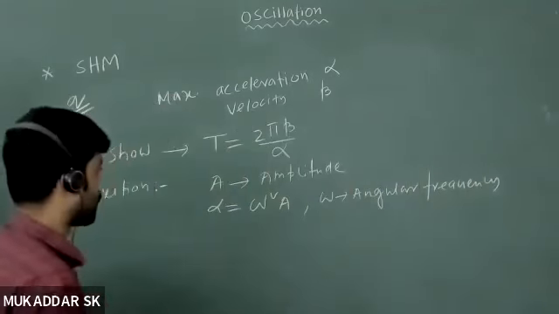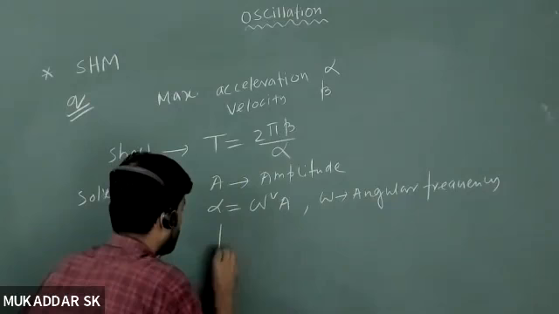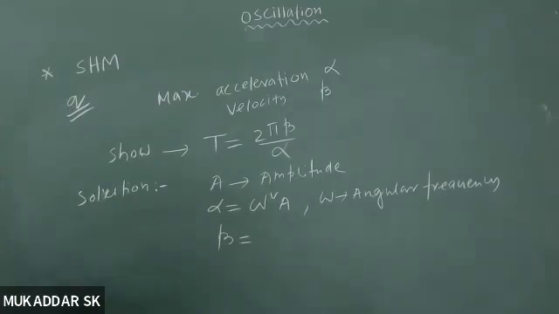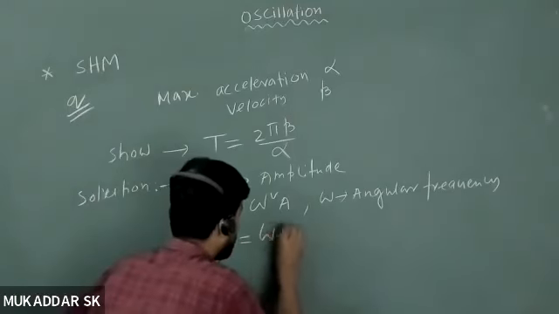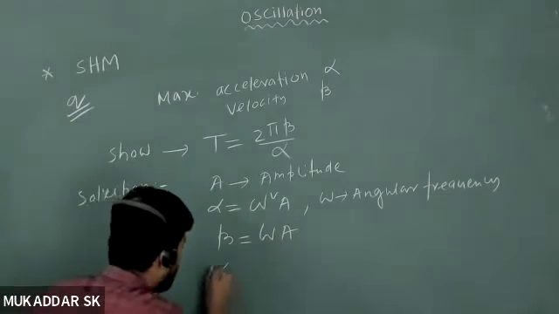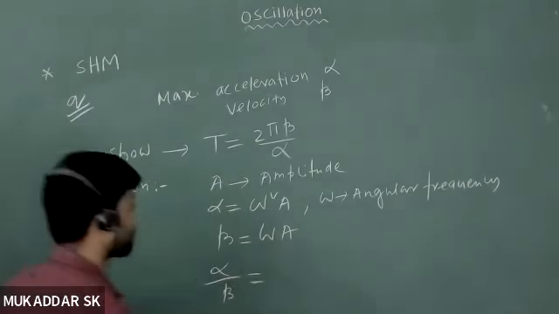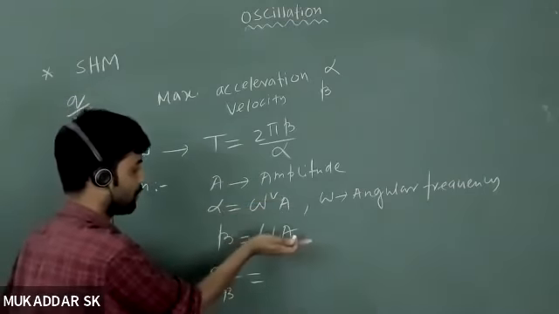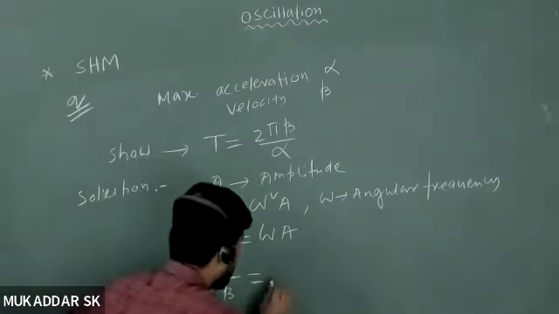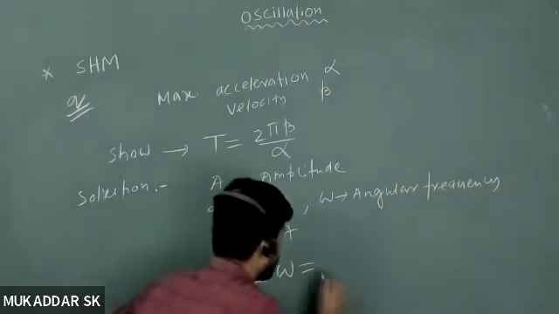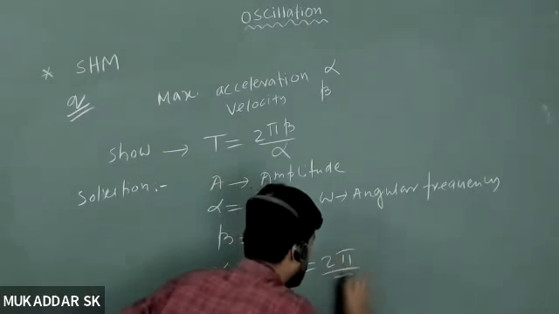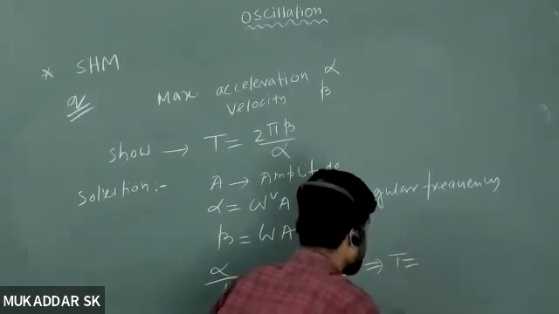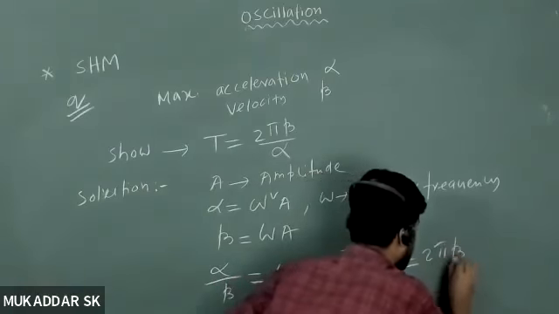And maximum velocity will be omega A. So if you divide alpha by beta, omega square A divided by omega A, it simply becomes omega. And omega is nothing but 2 pi by capital T. So from here you will get time period equals 2 pi beta by alpha.